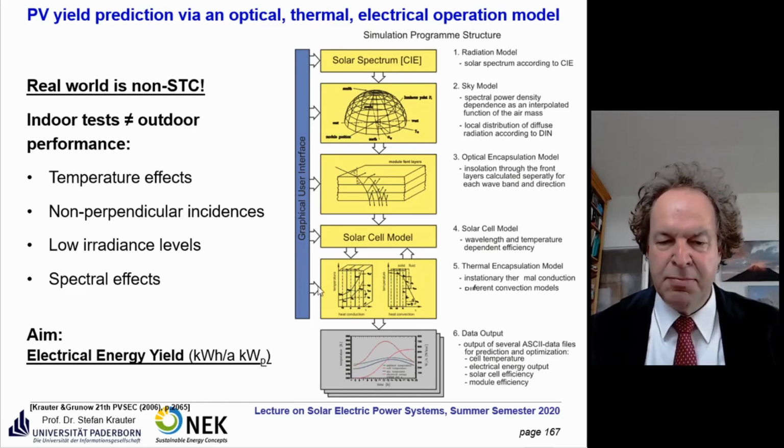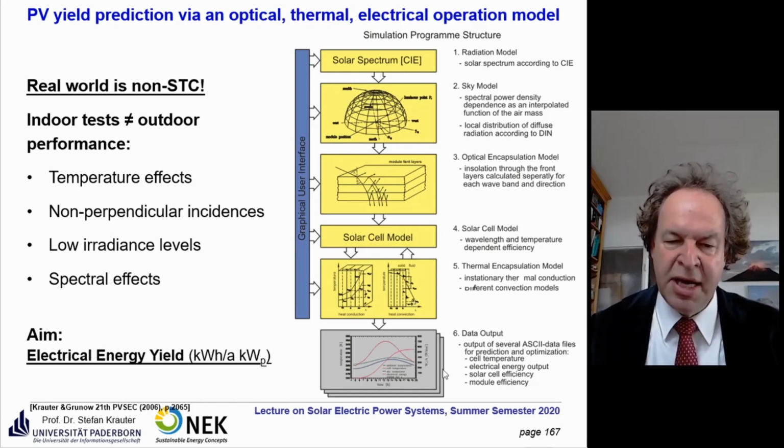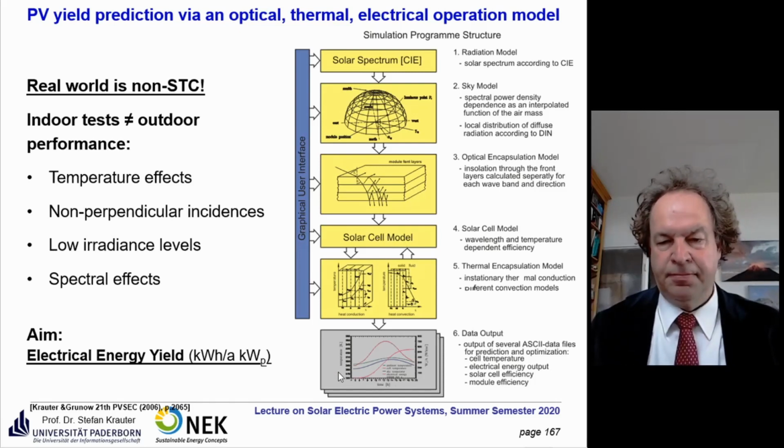So this is an iterative process, so you always have to keep up with the temperature. And then I could calculate the actual electricity output of this cell, which you see here in the gray zone.